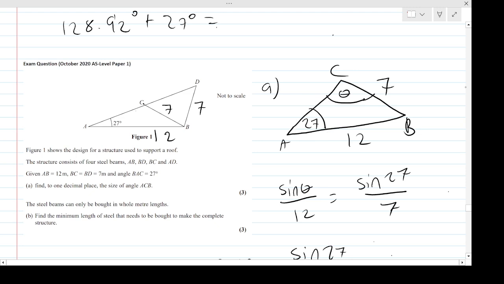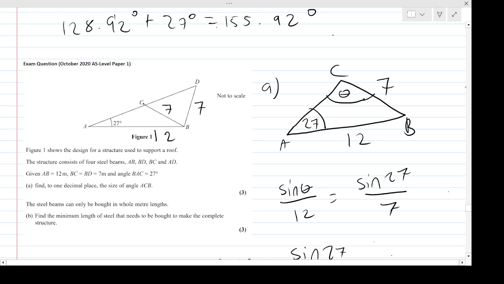That would get me 155.92 degrees essentially. Well, that's below 180, so it can be a possible solution then. That's perfectly valid. So we've got two possible solutions.